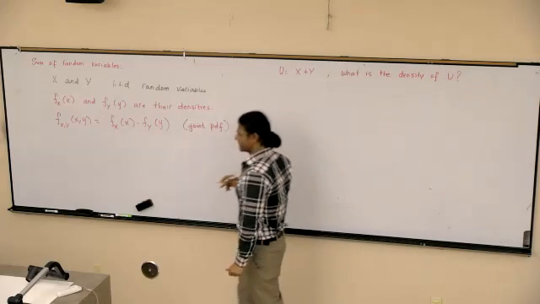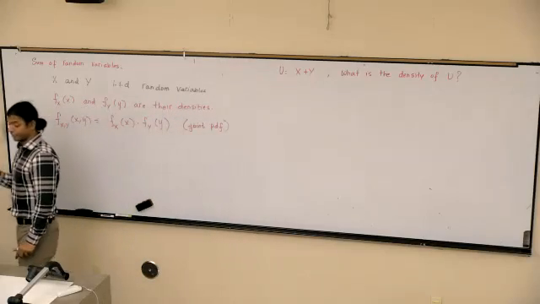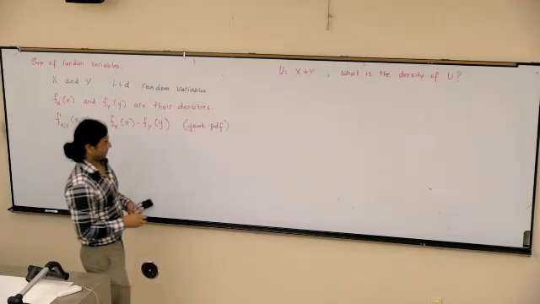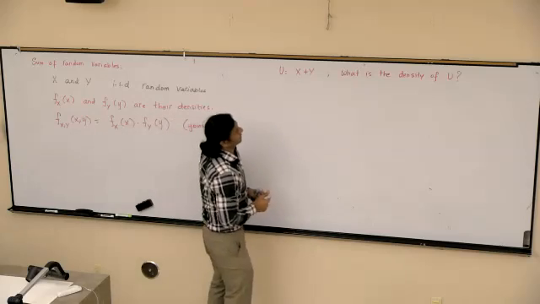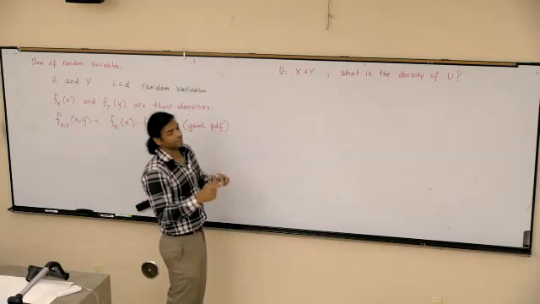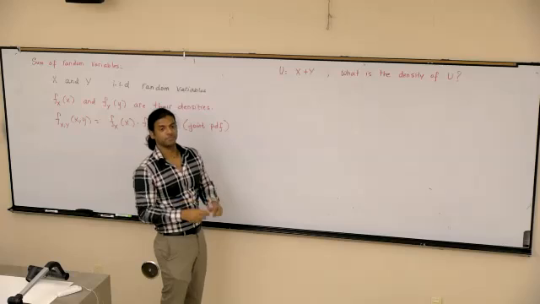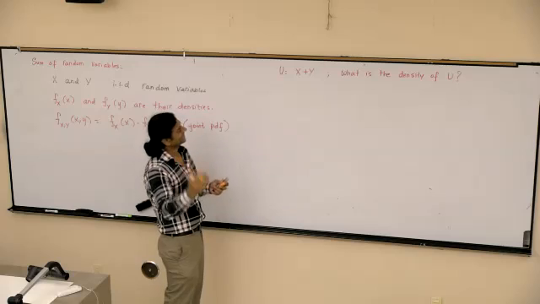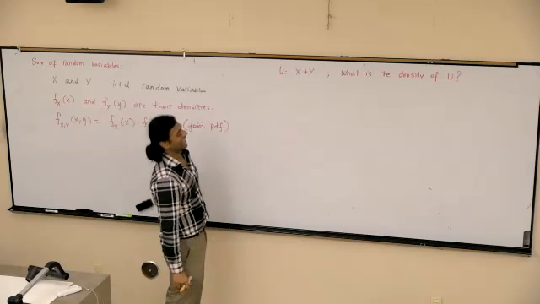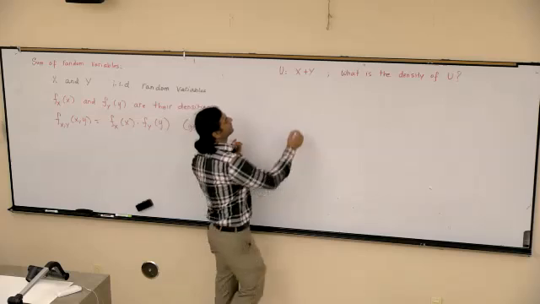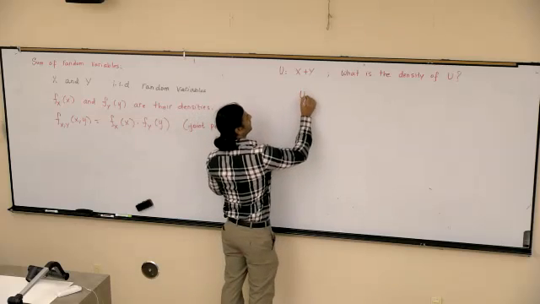We want to find the density of U. All we have to do is take a mass and divide by volume. Moving on. So how do we find it? We make use of the joint PDF.